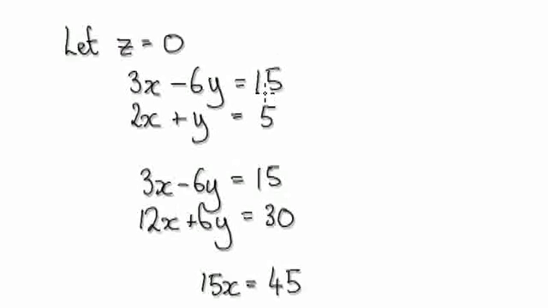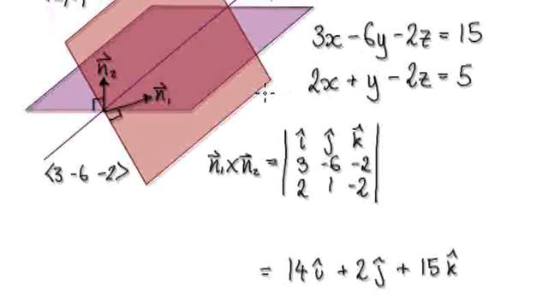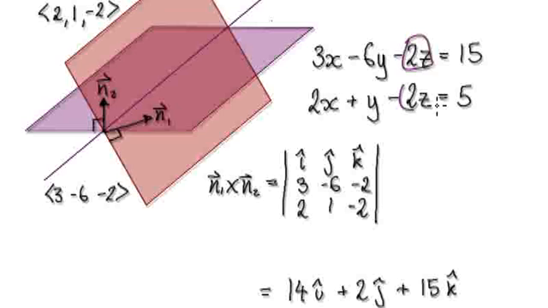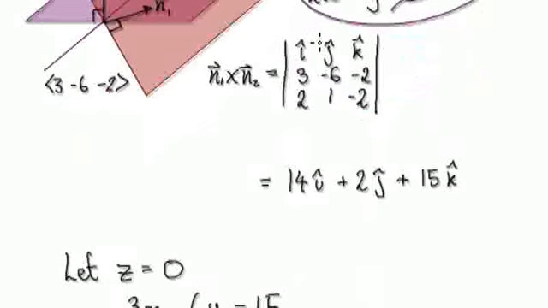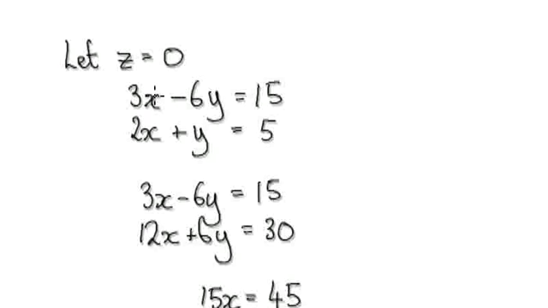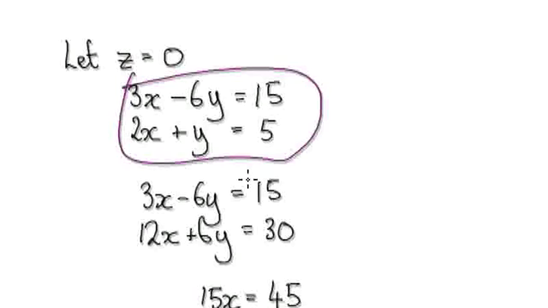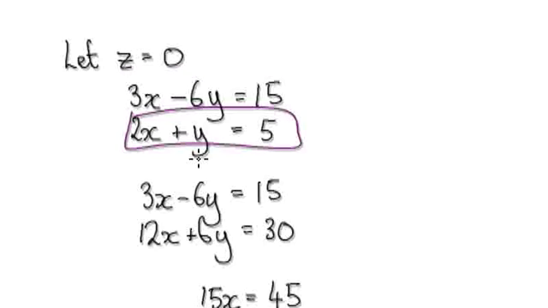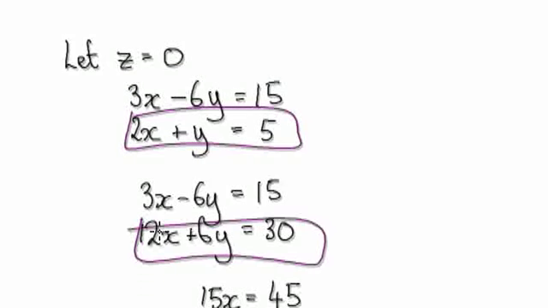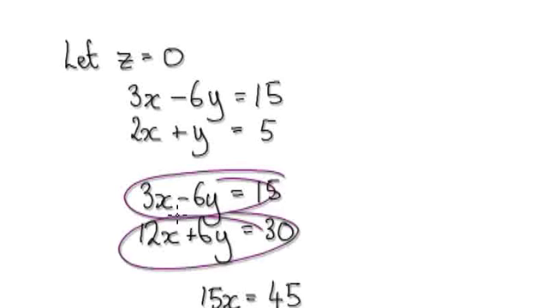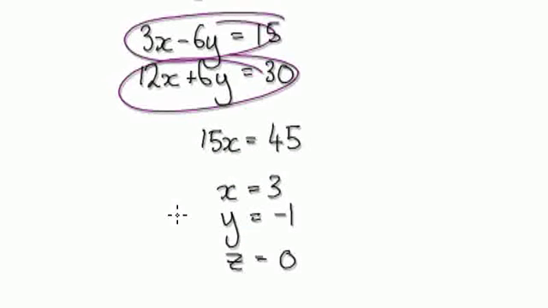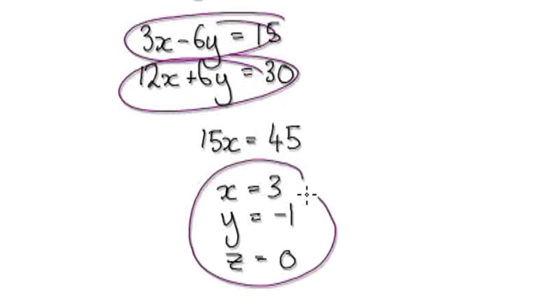So when z equals 0, this thing here will then become this. Now solve these simultaneous equations: times everything here by 6. That will then give you this, and then add this to this, and so on, to find x, y, and z.